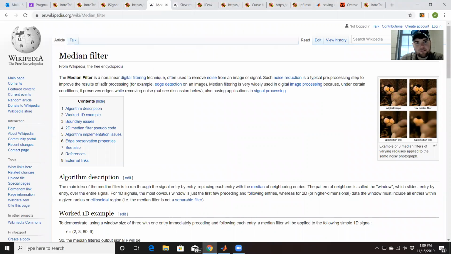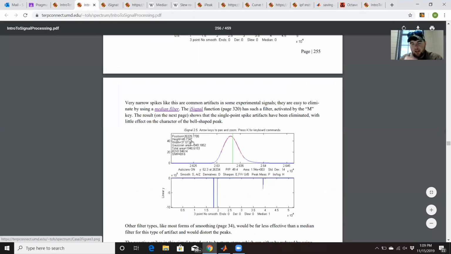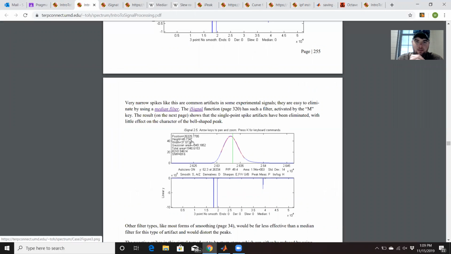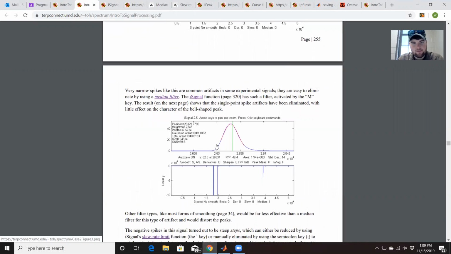Well, a median filter is a nonlinear digital filtering technique often used to remove noise from an image or signal. Such noise reduction is a typical pre-processing step to improve the results of later processing. Basically, it just cleans up your data. It allows for a smoother curve, which allows for easier and more accurate calculations later on.